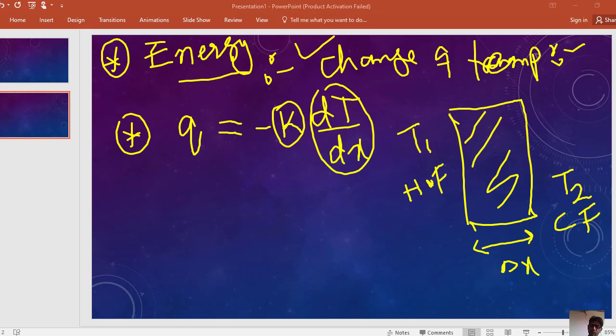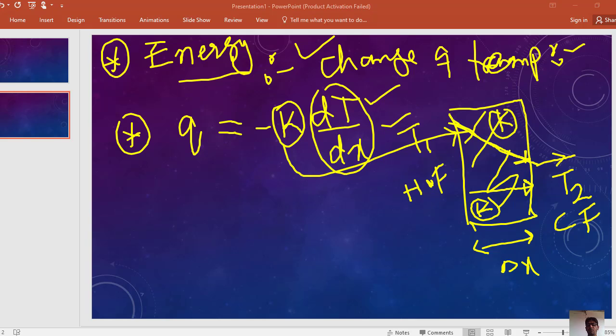The temperature will decrease in the x direction because heat will transfer from the high temperature region to the low temperature region, which is dT by dx, and k is the thermal conductivity of the material. The material can be brick or some wall or some other material. So this is the heat flux.